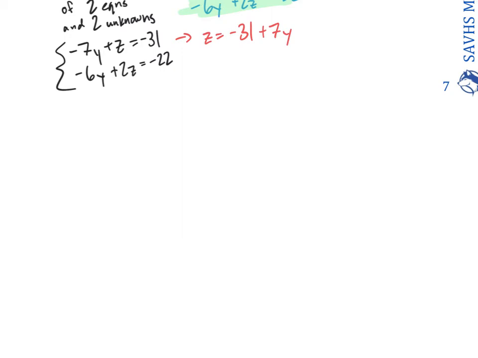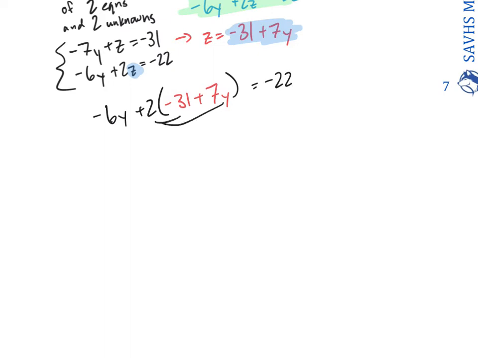Then I'm going to take that information and substitute it into the other equation where I see my z. So I'm going to rewrite, so I get negative 6y plus 2 times negative 31 plus 7y equals negative 22. Distribute and combine like terms, so I get negative 6y minus 62 plus 14y equals negative 22.